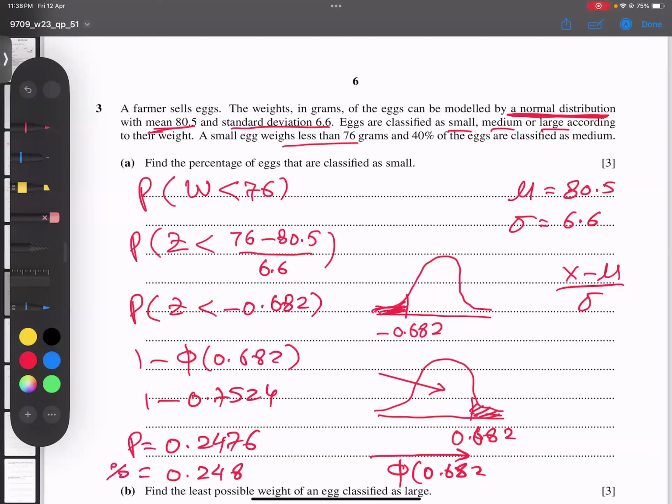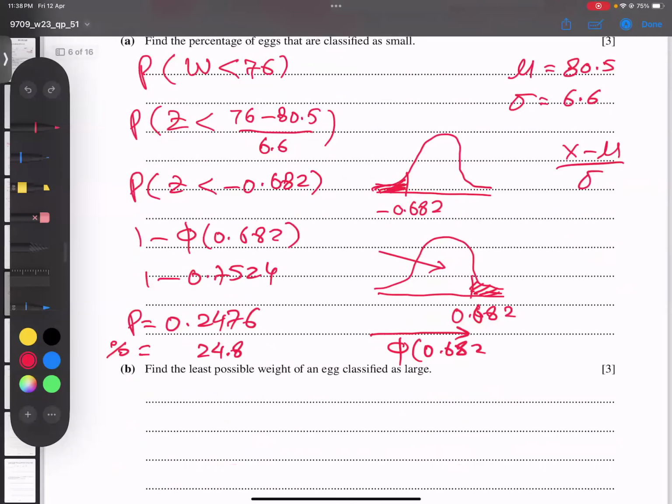So the decimal will jump two places to the right. So 24.8 percent is what comes, because it jumps 2 places when we multiply by 100. Okay, and I think this point is very clear.